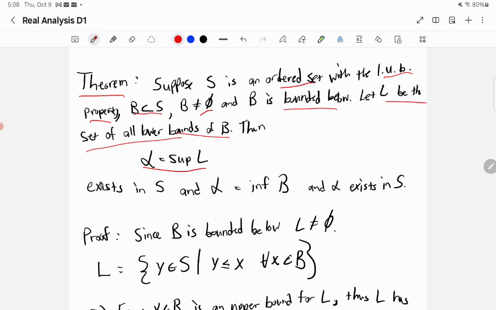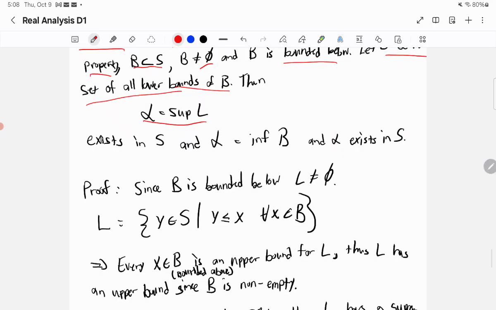Then we can conclude that we can choose some number, we'll call it alpha, which is the supremum of L, so the least upper bound of L. We know that this number alpha exists in S, which is kind of trivial to prove, but we'll prove it anyways.